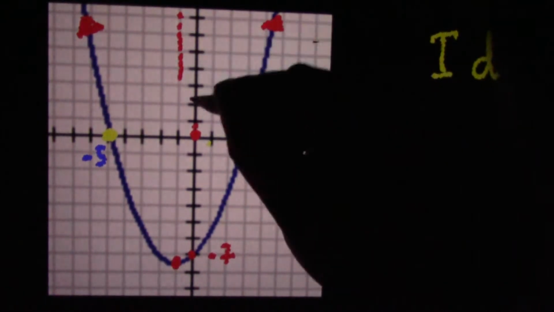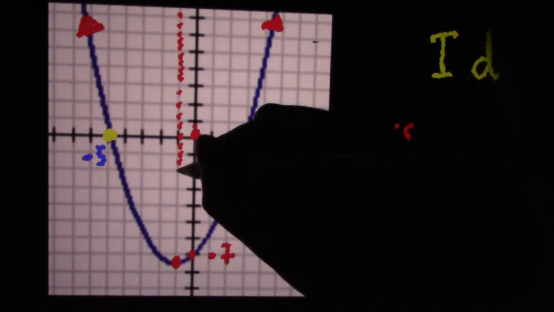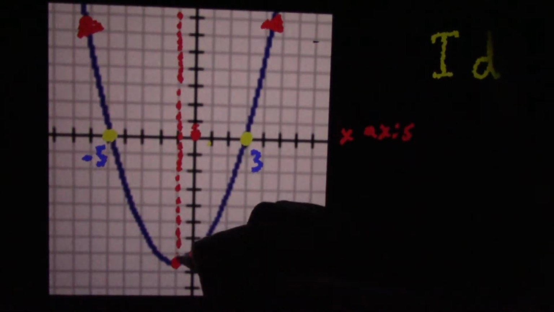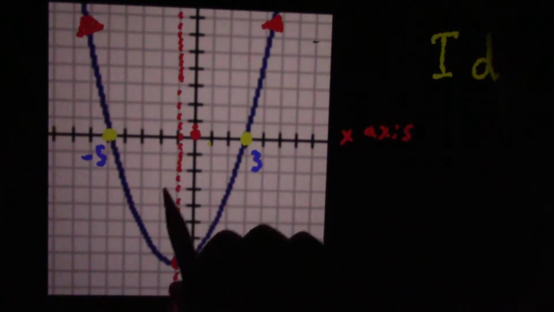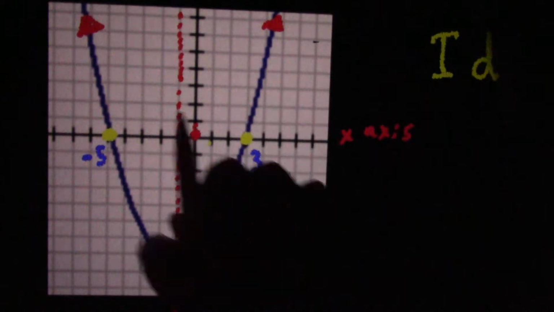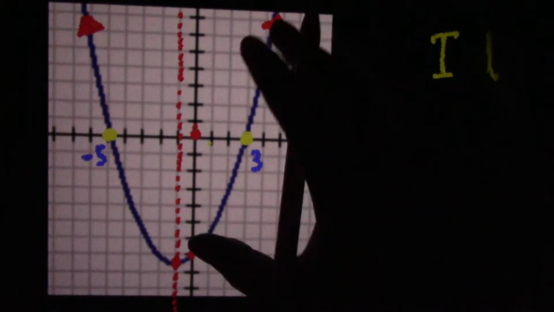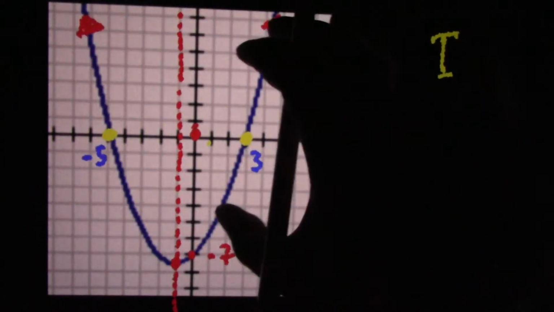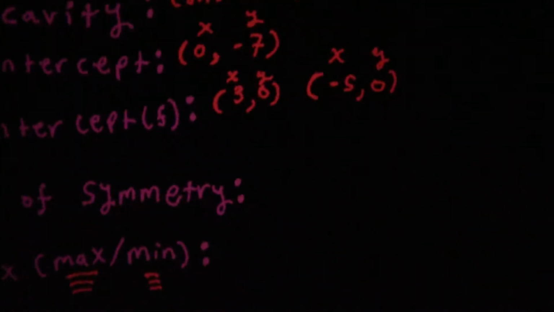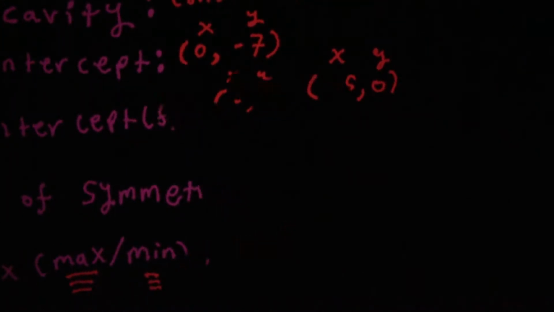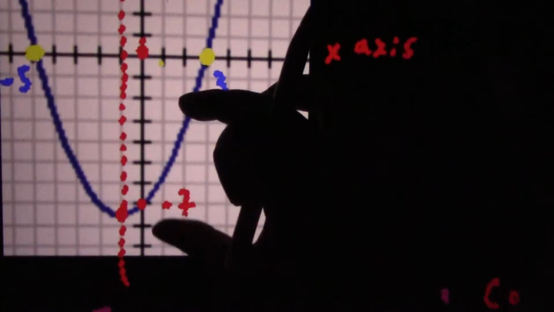I'm going to also draw a line and you'll understand why in a bit. At this point, the parabola gets cut in half, and it becomes a mirror image of itself. So this parabola has a minimum, and let's get the coordinates.